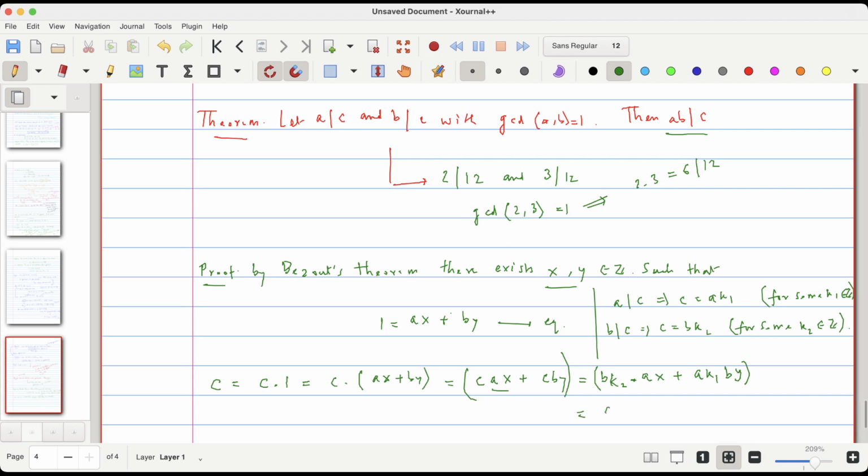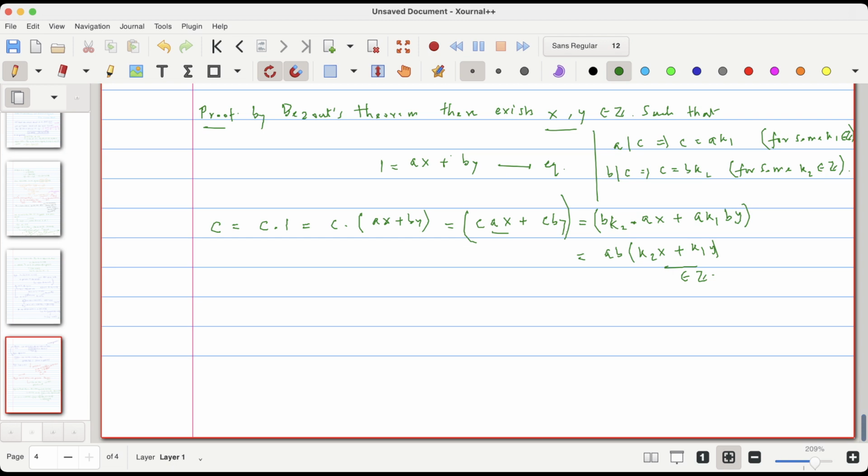Next step, I can take AB common out and I will have k2x plus k1y. k2x plus k1y is an integer, right? Which implies AB divides C. Clear, everyone?